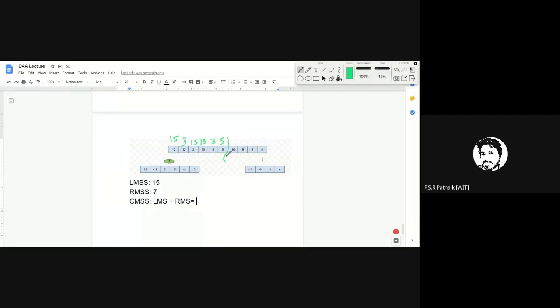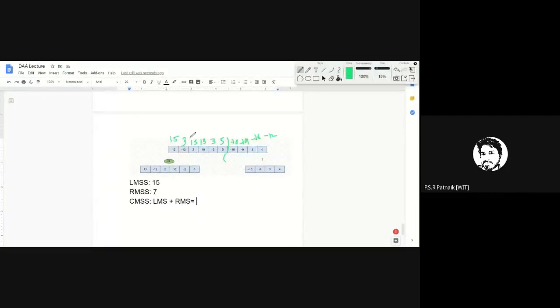What do I have? It is minus 10. So here it would be minus 19. Minus 19 plus 3, what is it? Minus 16. Then after minus 16, minus 16 plus 4, it becomes minus 12.